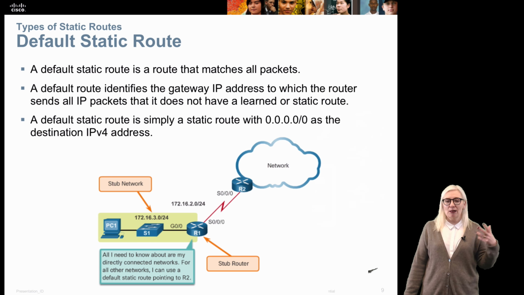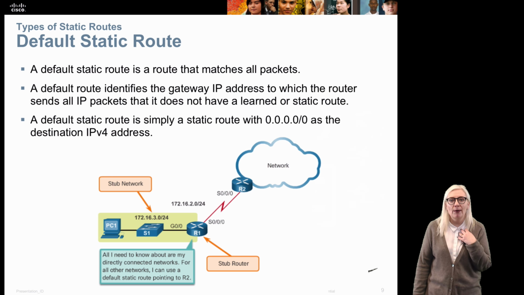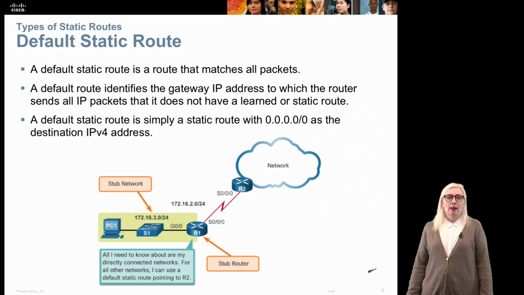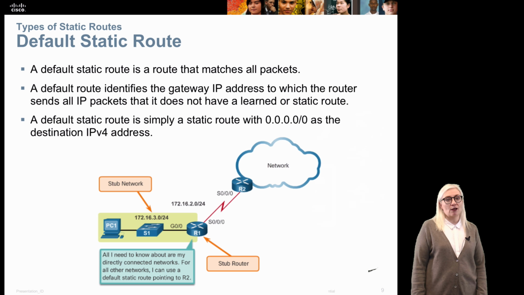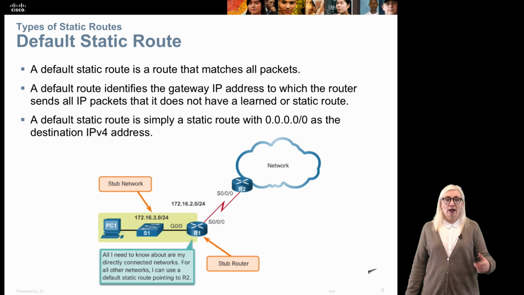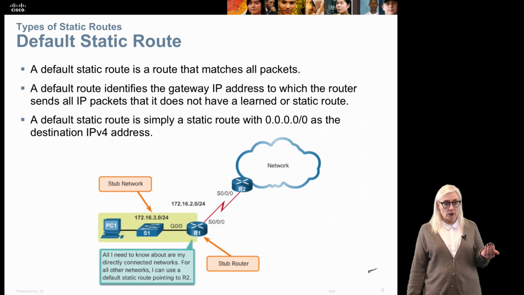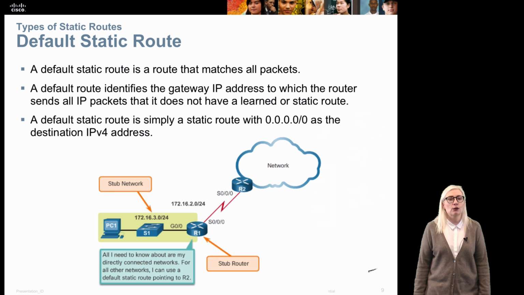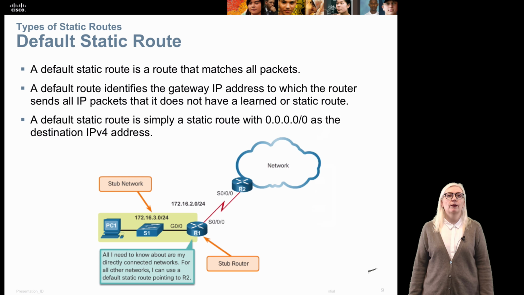So whenever I get something that I don't know anything about, I will send it out to my default route. And this could make sense, for instance, on router 1 here. Whenever I have something that's not my own network, I will send it up to router 2. So then I can make a default static route to router 2.